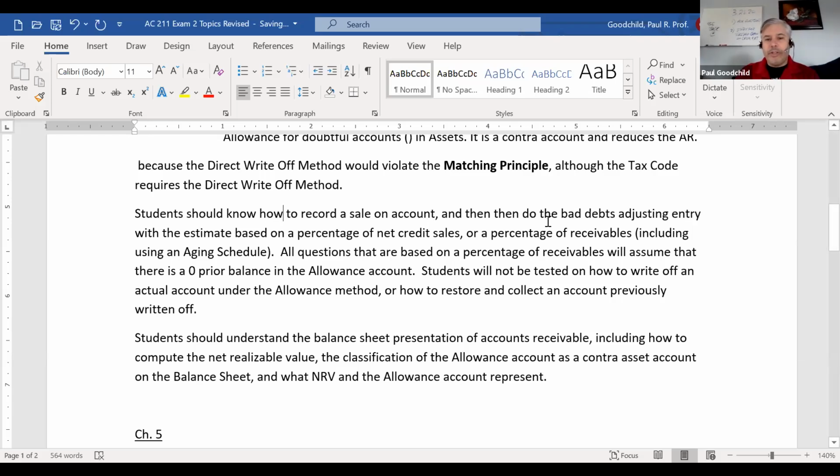How to record a sale on account. And then do the bad debts adjusting entry with the estimate based on percentage of net credit sales.